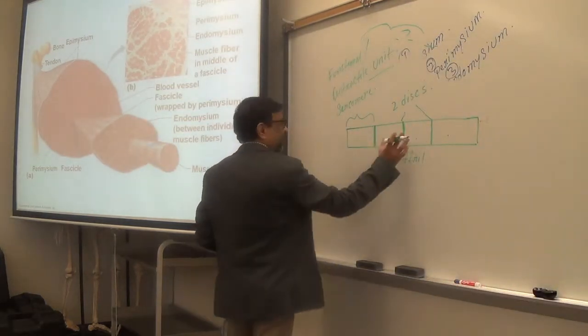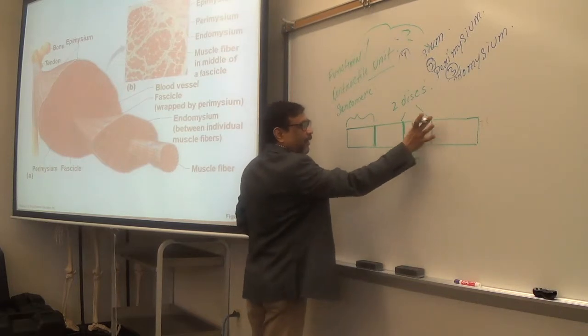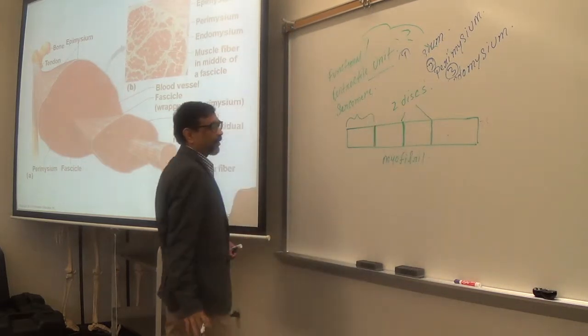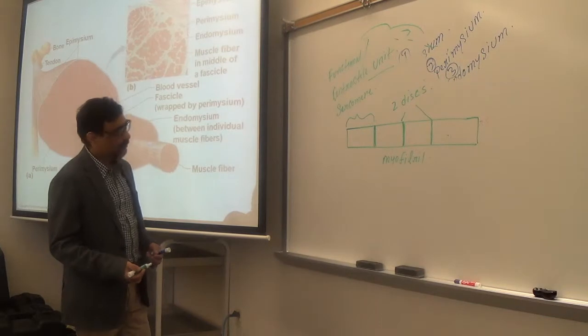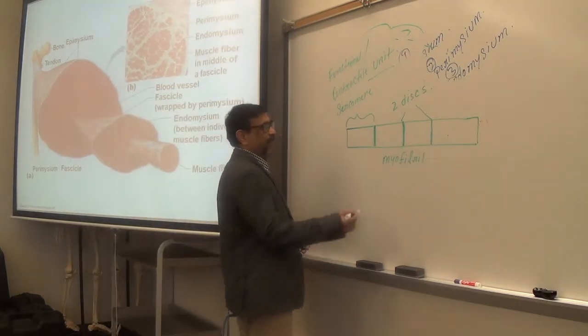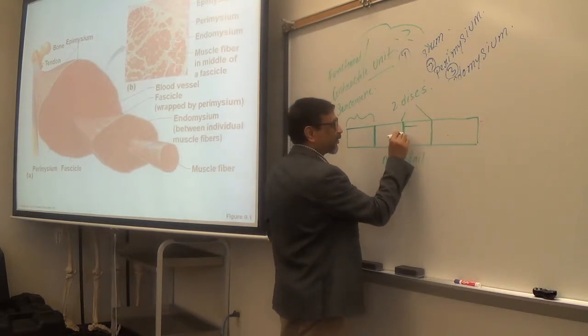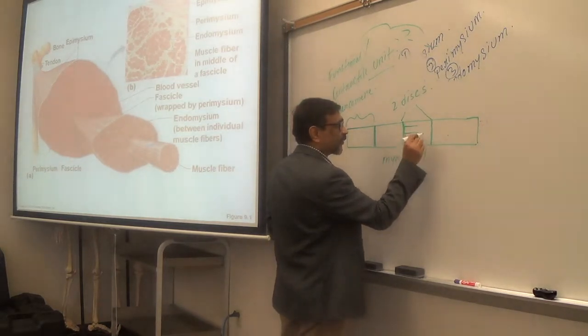Since this is a contractile unit, we'll see how the sarcomeres contract. Inside the sarcomere, you have two types of filaments like this.